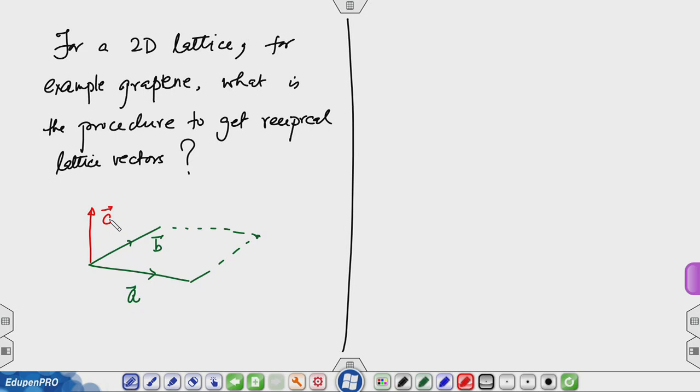Why I am doing that is, whatever procedure I adopt for calculating the reciprocal vectors for 2D should also be valid when I stack all these 2-dimensional planes together to make a 3-dimensional crystal. So, it should be consistent. What I am assuming here is that these are stacked such that the distance between them is C, and C is perpendicular to the A B plane, and let us say this is C times Z direction. So, I am taking the A B plane to be the x y plane.